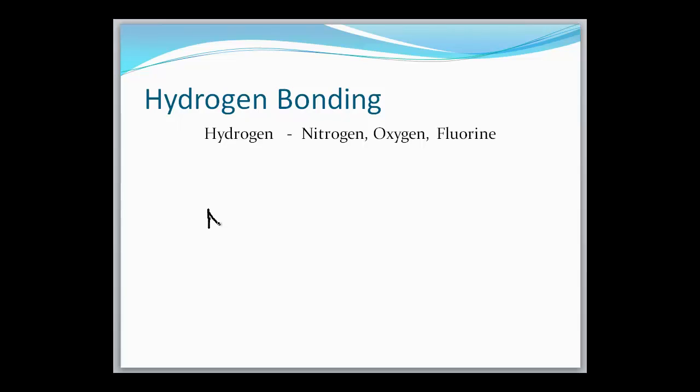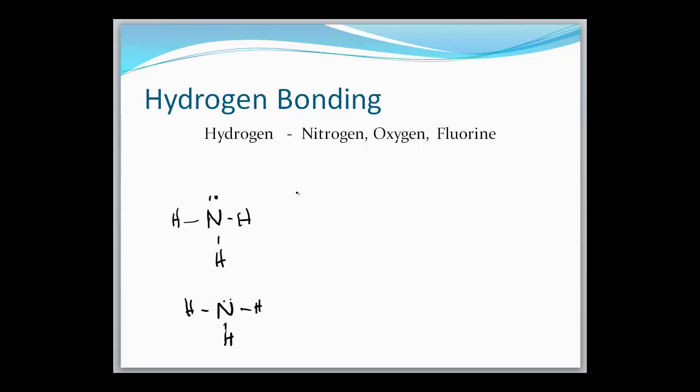In fact, here, let me draw an ammonia structure, and let's put another ammonia structure here. So when we talk about hydrogen bonding, it's an intermolecular force. So we're talking about the attraction between this molecule of ammonia and this molecule of ammonia.